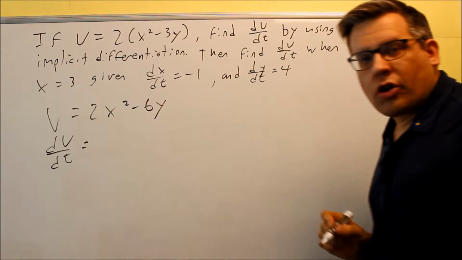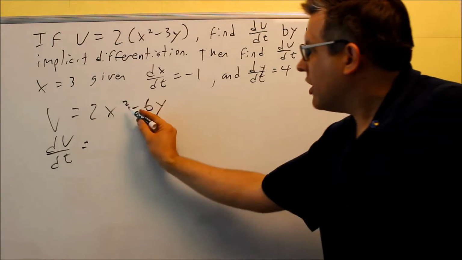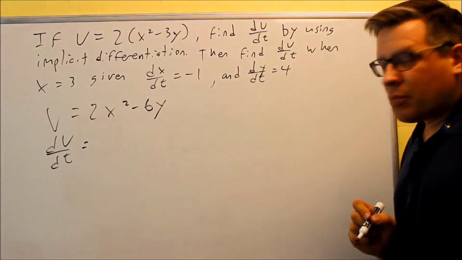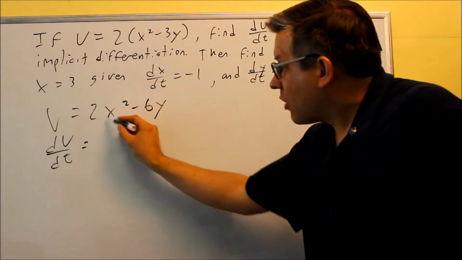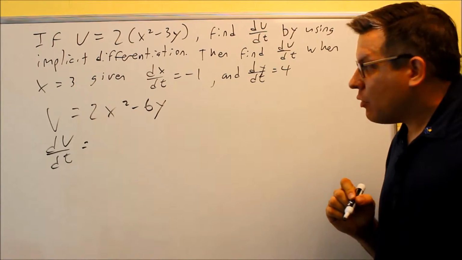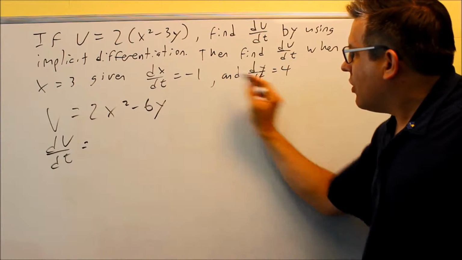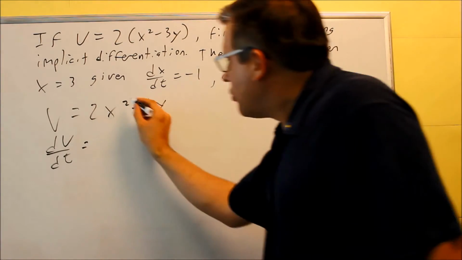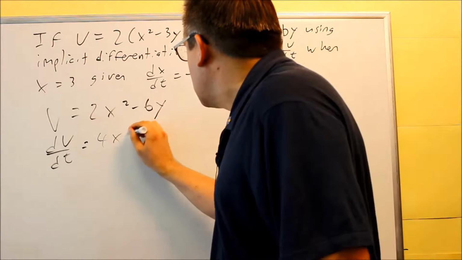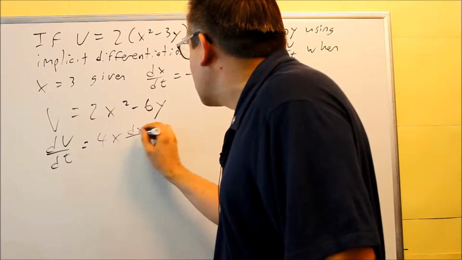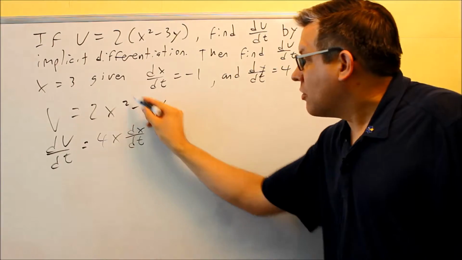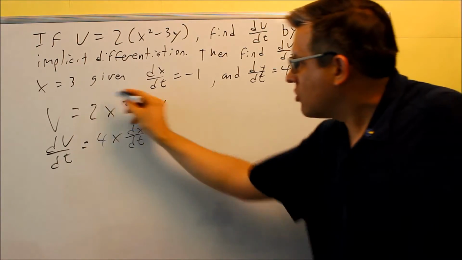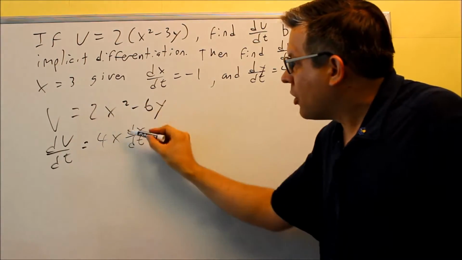Now for these, we're going to apply the chain rule. We're going to do the outside, bring the power down, and then we'll have to multiply by the derivative of the inside, and when we do that, we're going to be getting these as a result, dx dt and dy dt. 2 comes down, we have 4x, and we're going to get dx dt. Again, I did the chain rule on the outside, that outside function did the derivative, multiplied by the derivative of the inside.